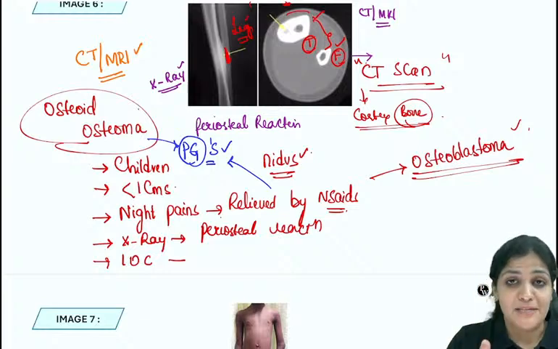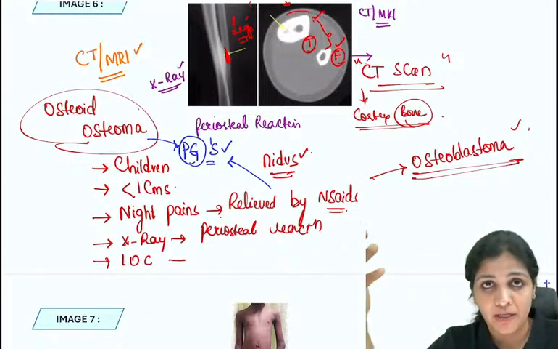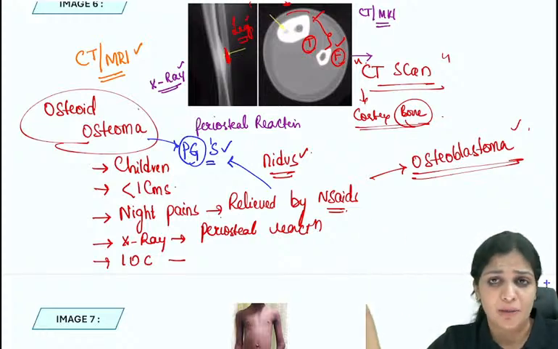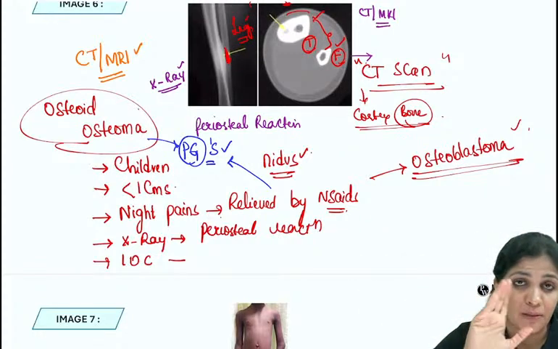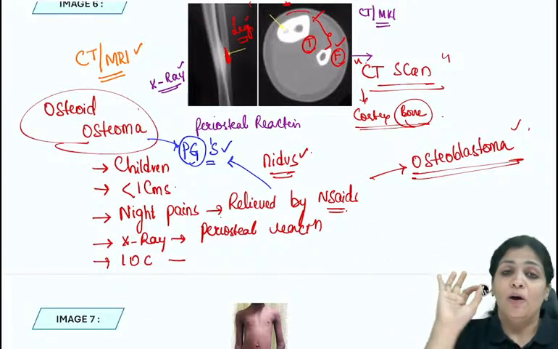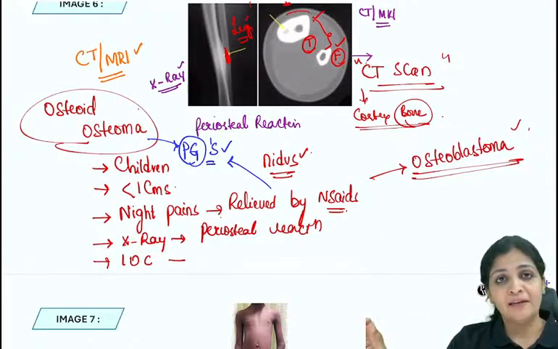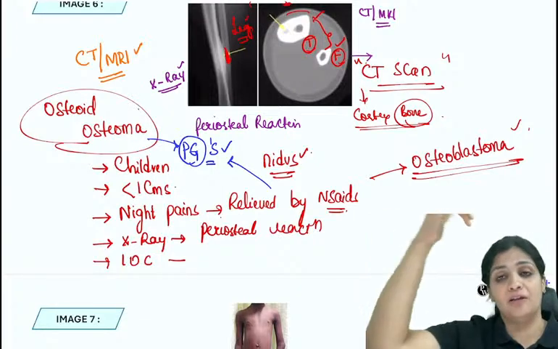If it is not subsiding, it could be any other thing, right? It could be an injury, or some other thing which we are missing. Only if it reduces with NSAIDs, think about osteoid osteoma. If it is not reducing, then you have to explore other options.